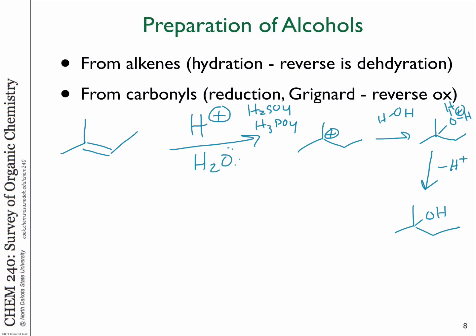Okay? We can dehydrate. One of the reactions of alcohols is that we can dehydrate and eliminate through an E1 mechanism. The forward reaction is an addition. The back reaction is an elimination. Because we go through a carbocation, it's an E1 reaction. Now, the way to control that, of course, is how much water is present. If you have a lot of water, the reaction will go to the right.